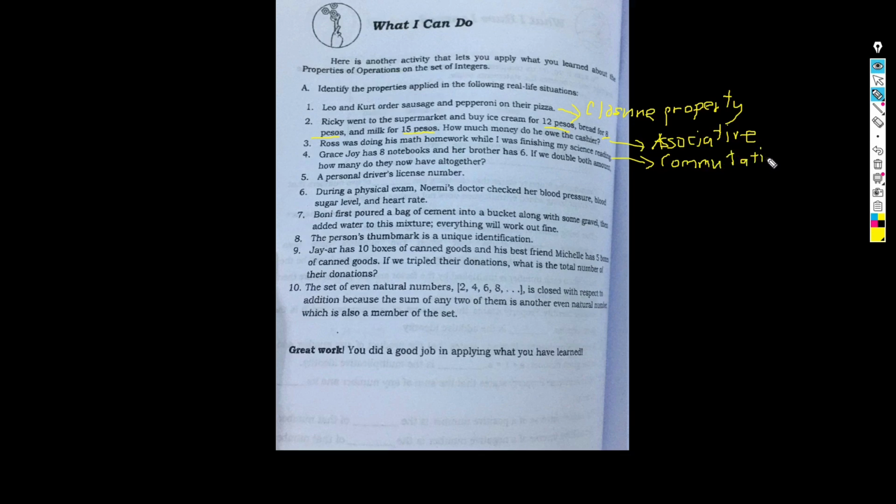Now next, number 4. Grace Joy has 8 notebooks and her brother has 6. If you double both amounts, how many do they have altogether? So 2 multiplied to 8 and 6, that is the distributive property.